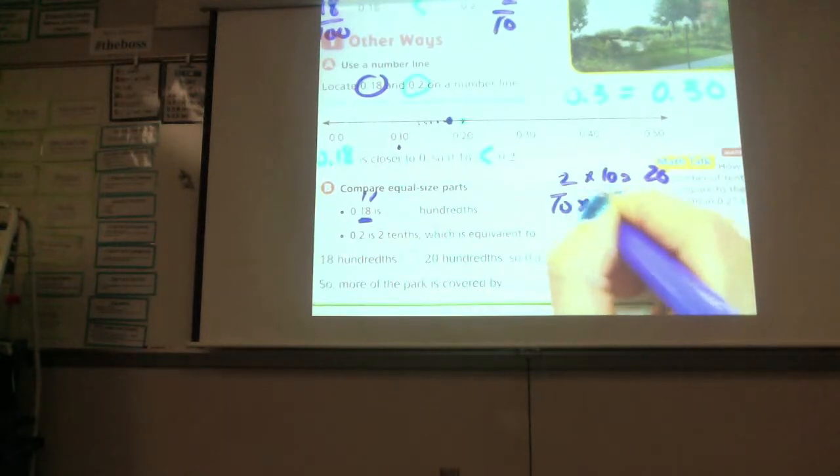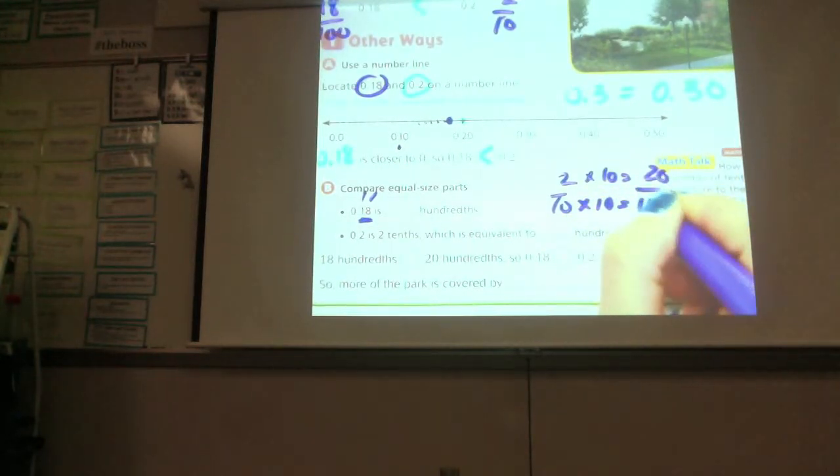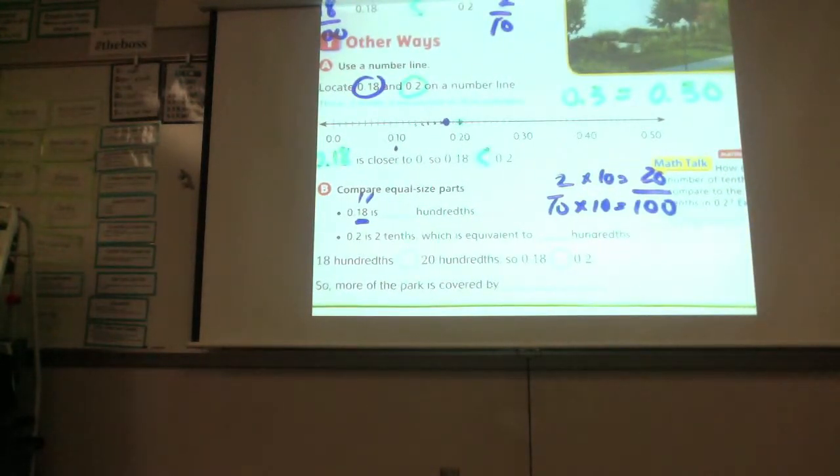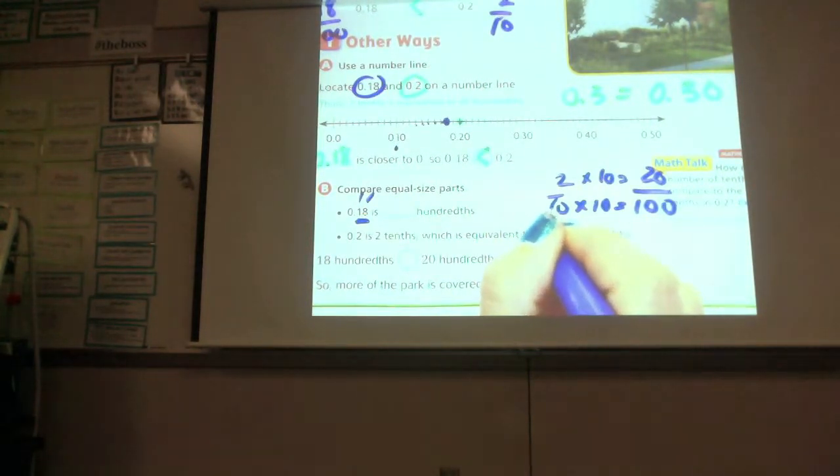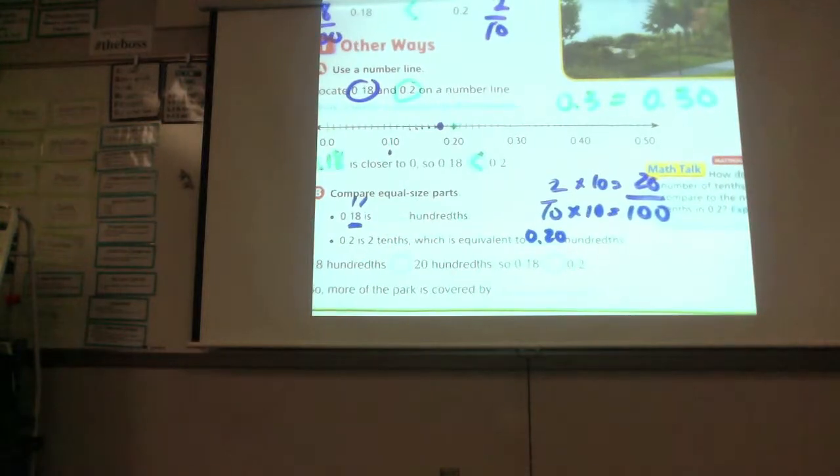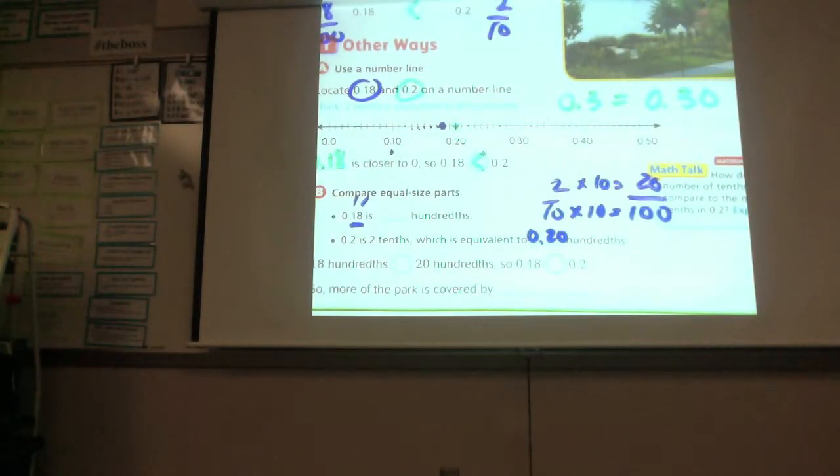So it would be 20 hundredths and 18 hundredths. I mean, it would be 0.20 and 0.18. There you go. So that's what he just explained. You can change the 2 tenths to be 20 hundredths. Okay, and now we're comparing 18 and 20.